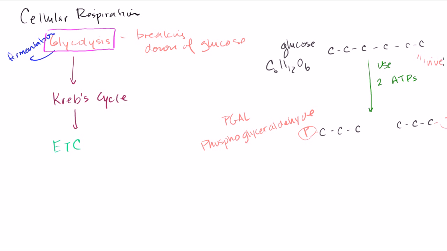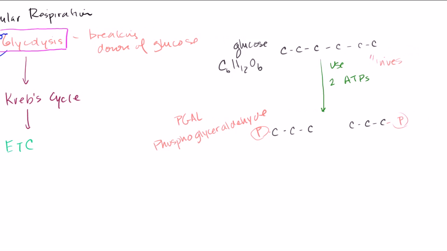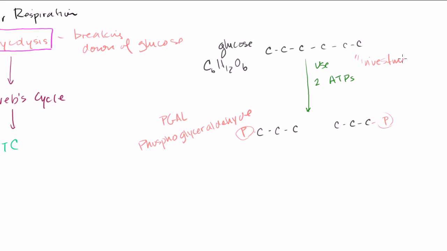If we use a business analogy, investment phase. And then each of these 2 P-gal molecules can then go into the payoff phase. In the payoff phase, each of these P-gals turns into pyruvate, which is another 3-carbon compound, but it's reconfigured.